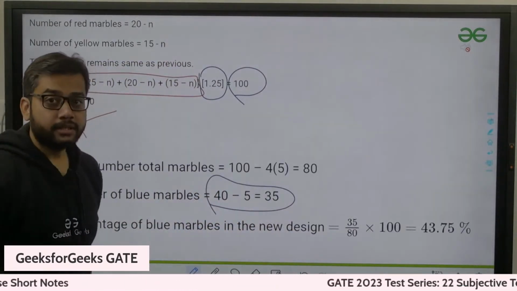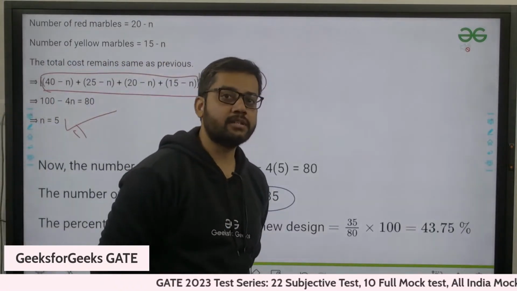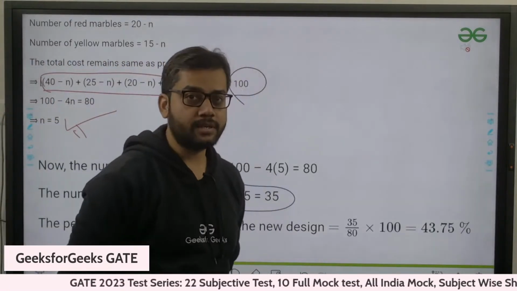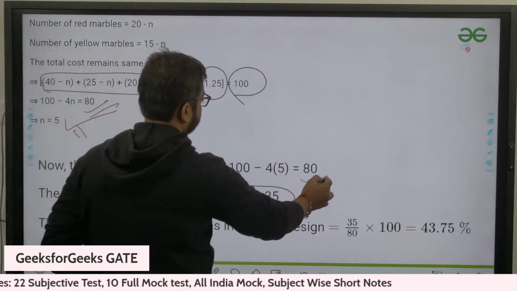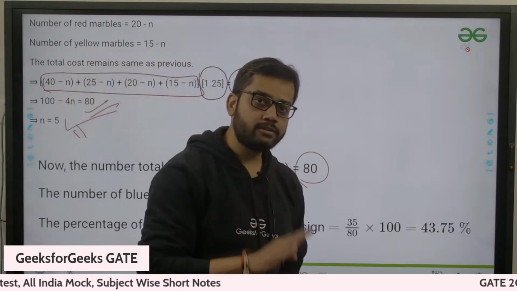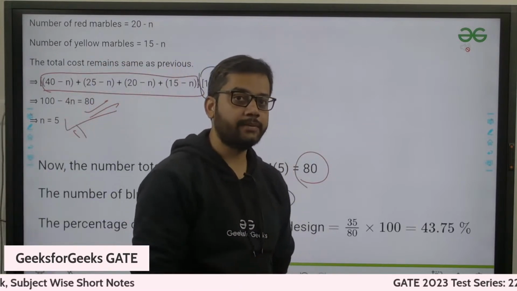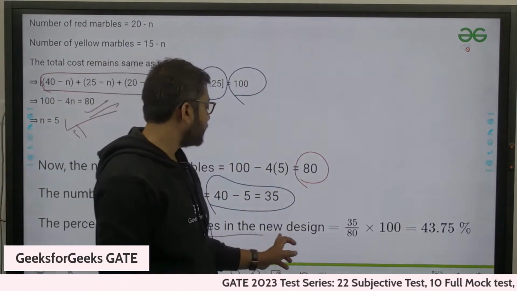Initially, when the price was unchanged, the total number of marbles was 100. Now the total number of marbles is 80, because marble production is also reduced. So we have to find out the percentage of blue marbles in the new design.